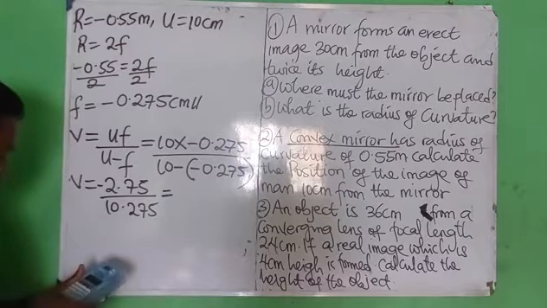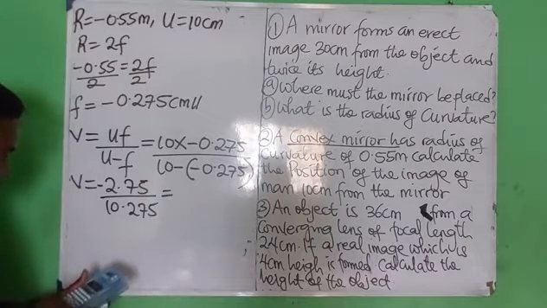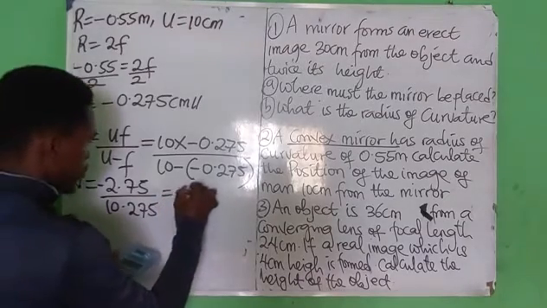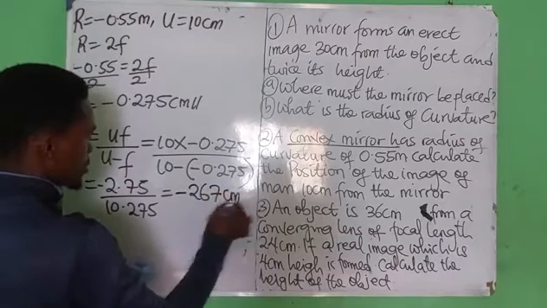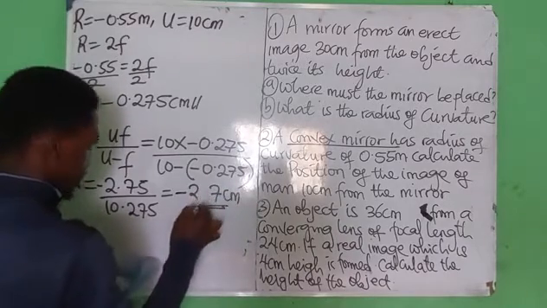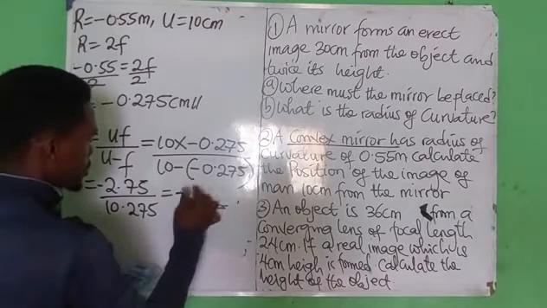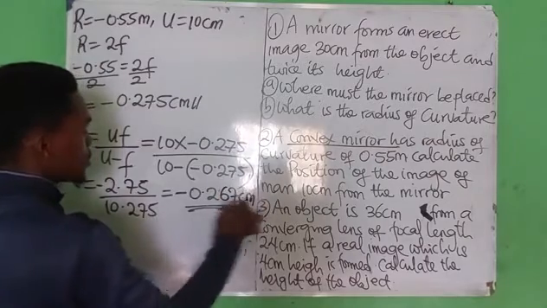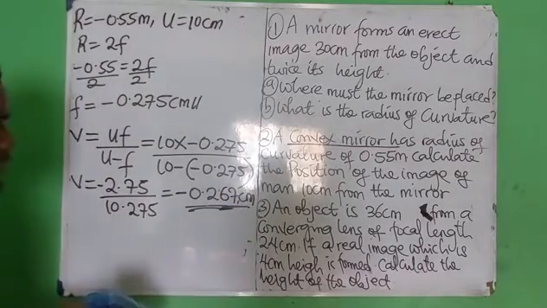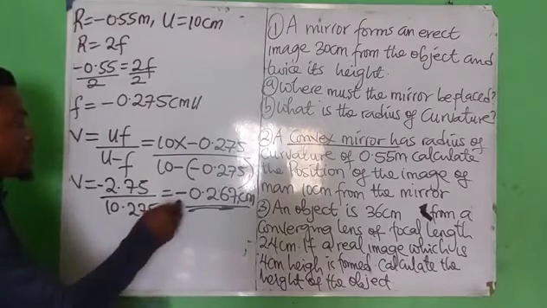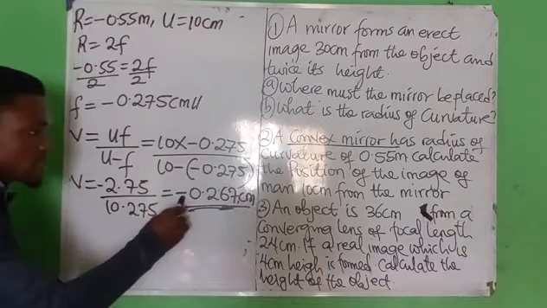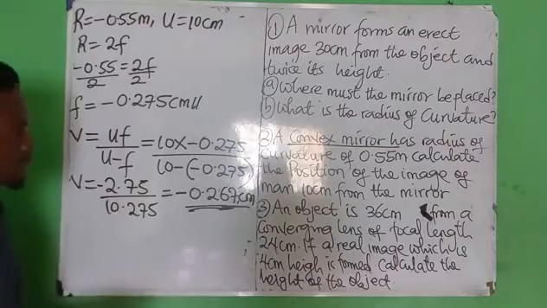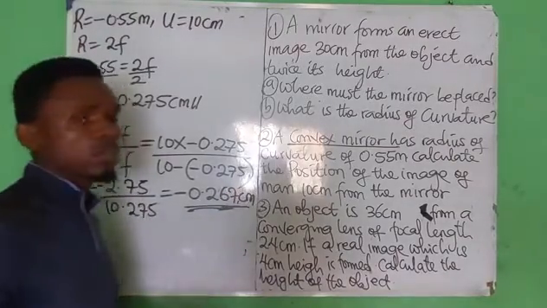So divide 2.75 by 10.275 equals minus 0.267 centimeters. Sorry, that is 0.267. So this is the final answer, which means that the image is virtual. It's a virtual image since we are having negative. If it was plus, it would have been a real image. So that is all about question 2.